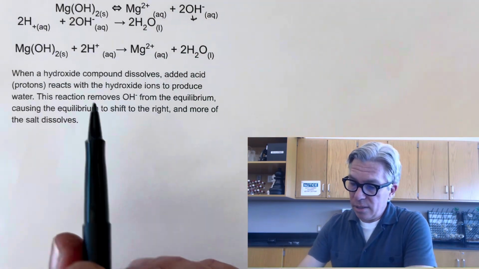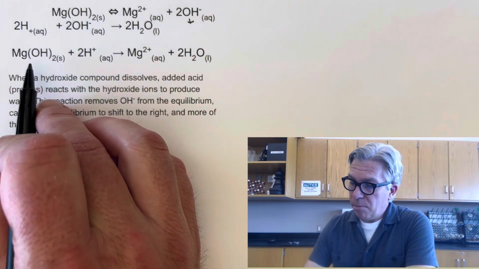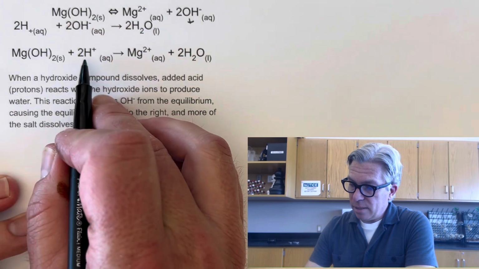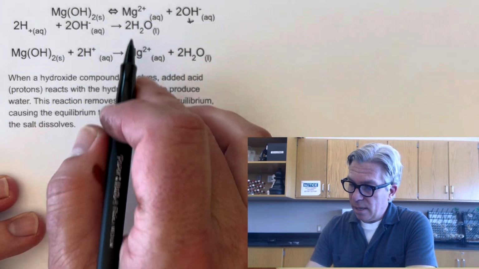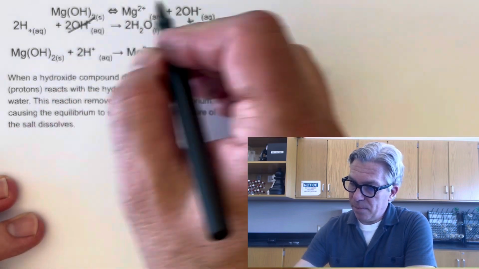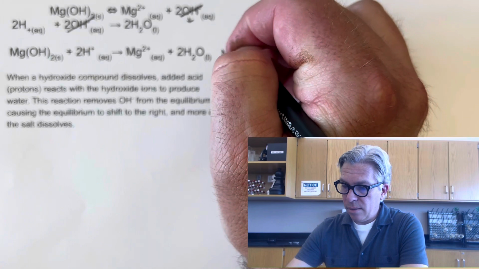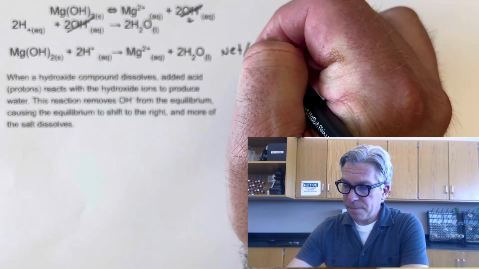The overall reaction here is the Mg(OH)2, if we add up these two equations, plus the two H+, will make magnesium, and the two waters. The two OHs will cancel on both sides of this. And that's our net overall equation.